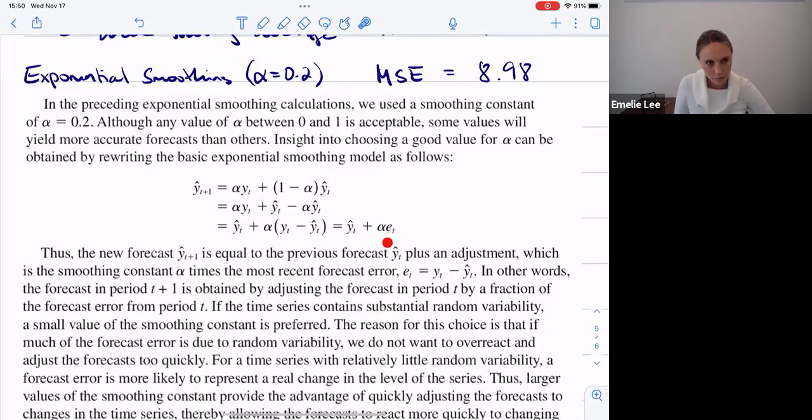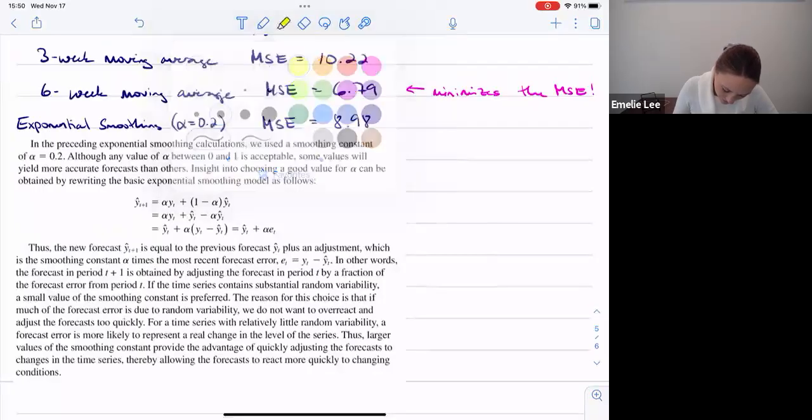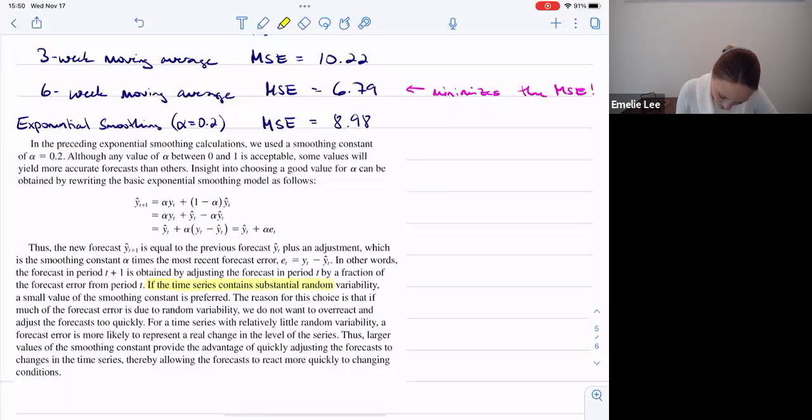The key here is that if the time series contains substantial random variability, then you should be using a small value for alpha, right? And remember, alpha goes between 0 and 1, so small would arguably be less than 0.5, maybe 0.2 or something like that.